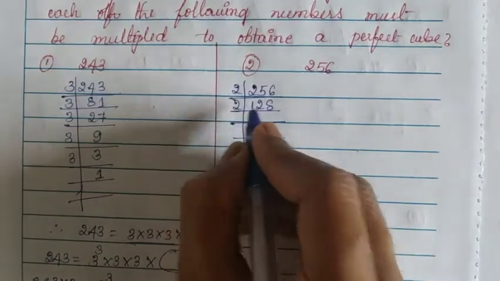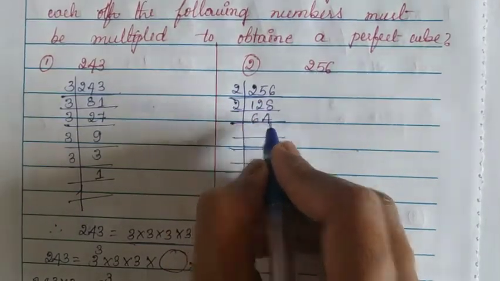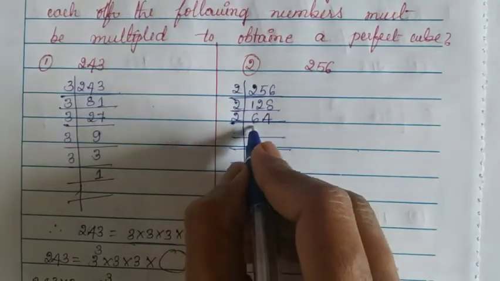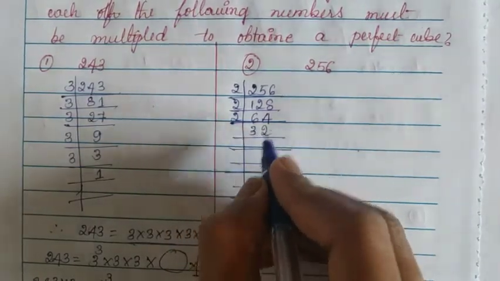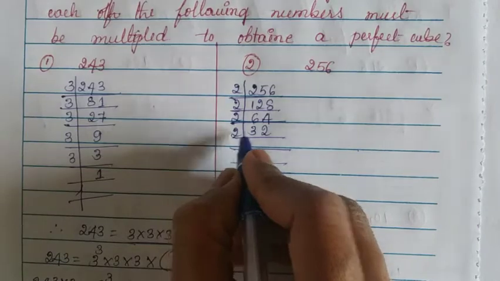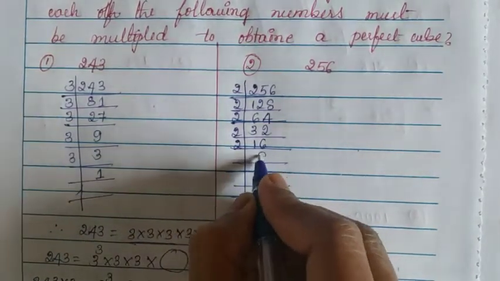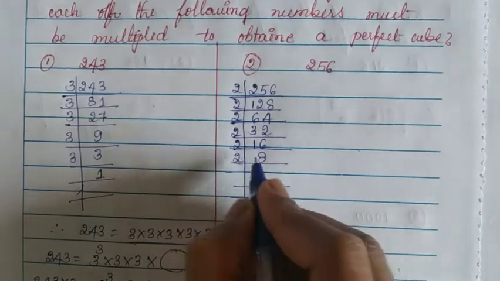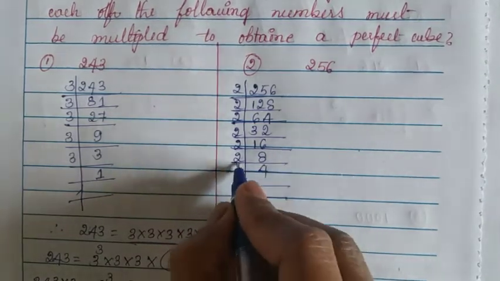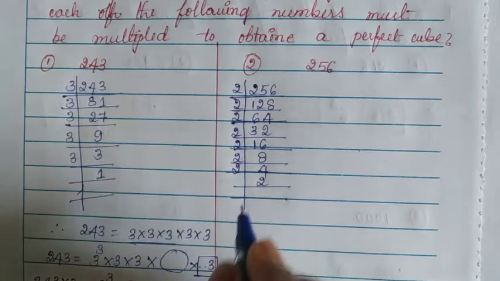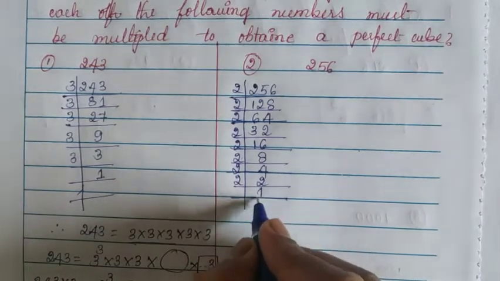Again with 2. 2 6s are 12, 2 4s are 8. Again with 2. 2 3s are 6, 2 2s are 4. Now from 2. 2 ones are 2, 2 6s are 12. Again with 2. 2 8s are 16. Again with 2. 2 4s are 8. Again with 2. 2 2s are 4. From 2.